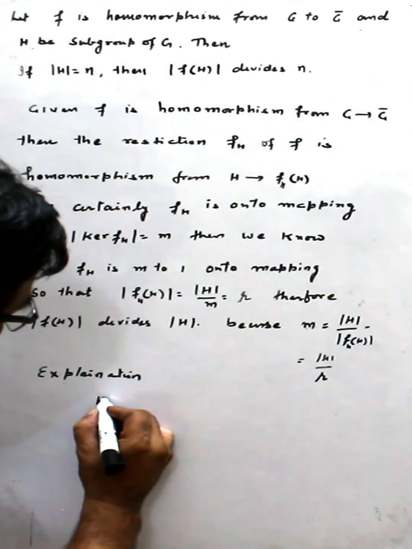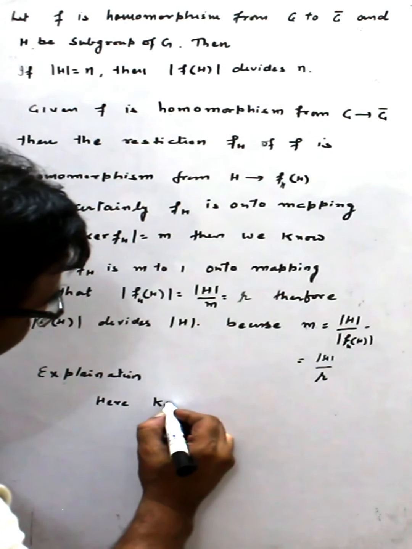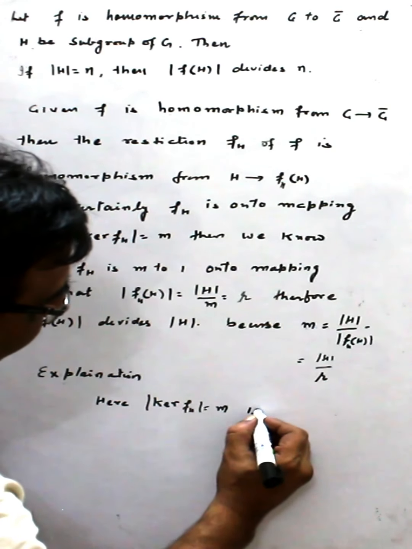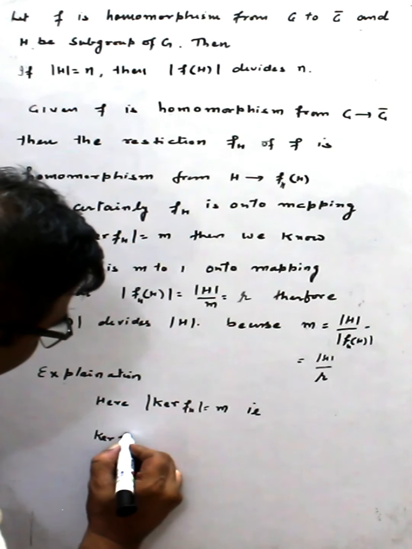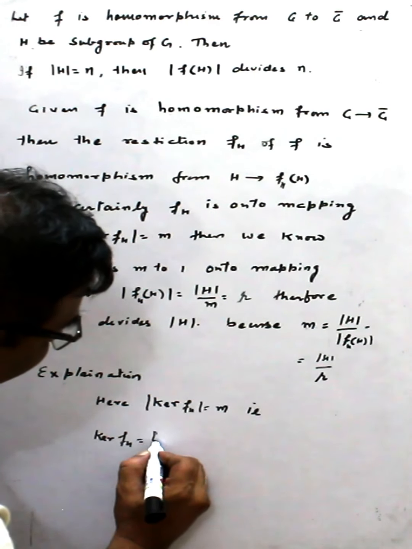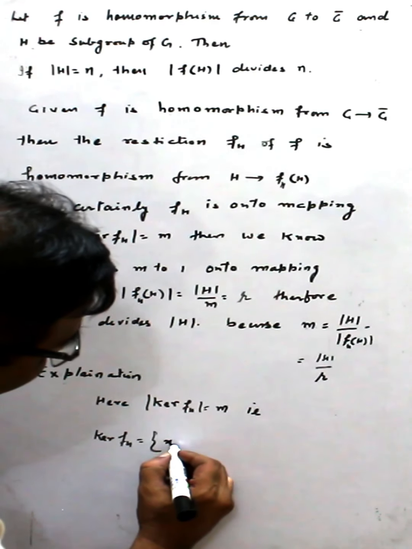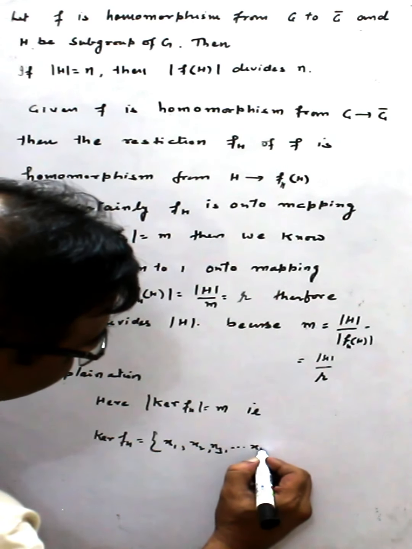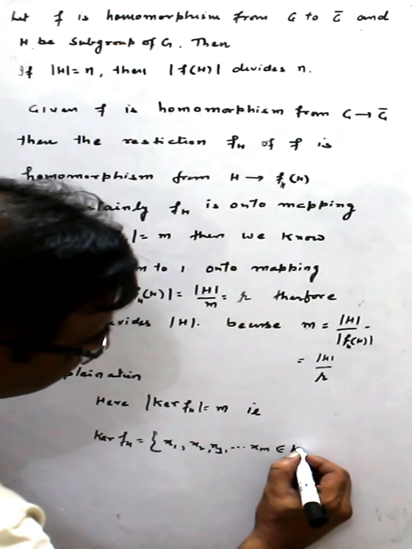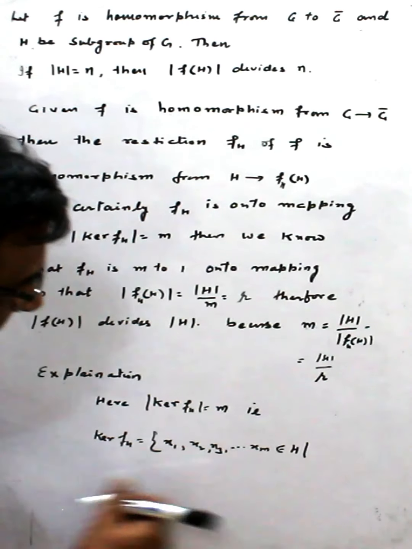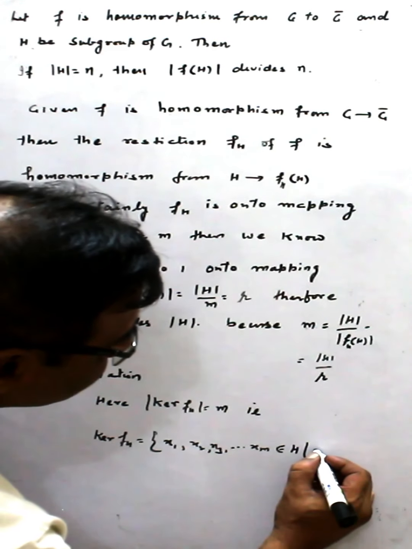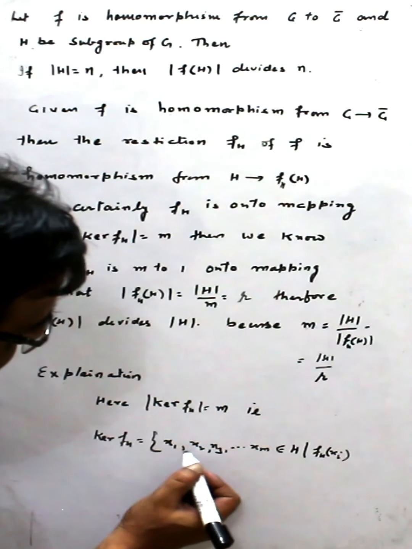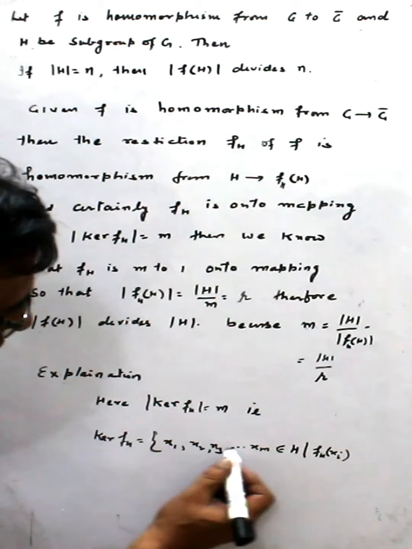The kernel of F_H is equal to M, that is, the kernel of F_H contains M elements x1, x2, x3, ..., xm belonging to H, and these elements map to the identity of G bar for all i varying from 1 to m.